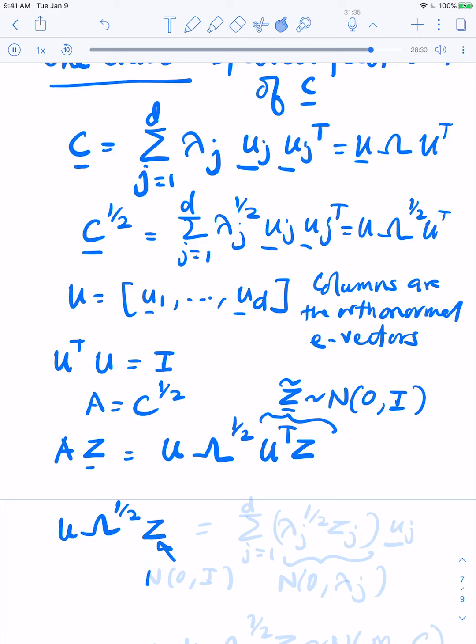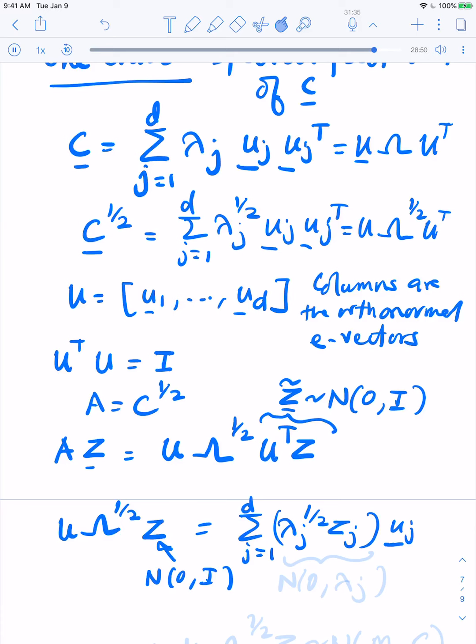This is Gaussian 0, I. What's that really doing? That's basically saying I have lambda j to the power of half z_j multiplying the vector u_j.